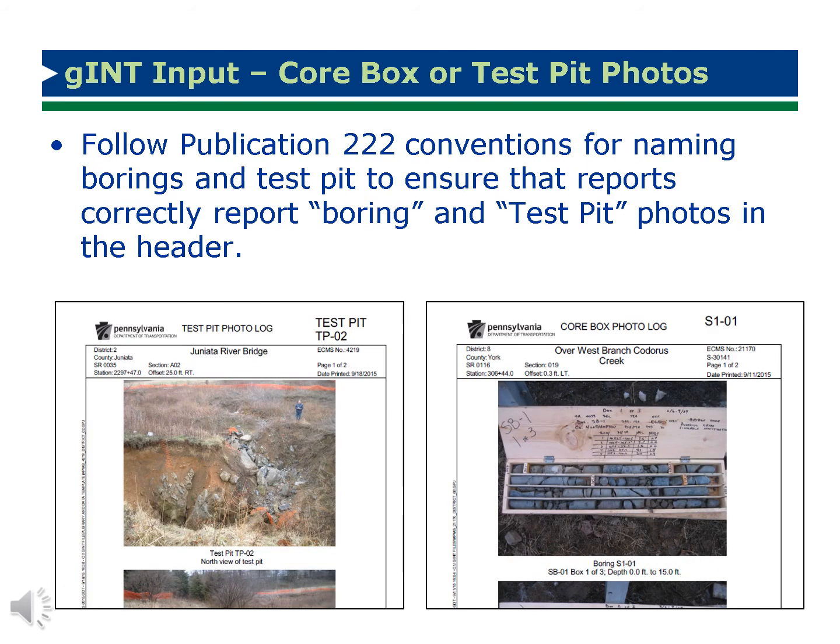Follow Publication 222 Boring and Test Pit Naming Conventions to ensure that reports correctly report boring for borings and test pit for test pits in the header of the Core Box or Test Pit reports.